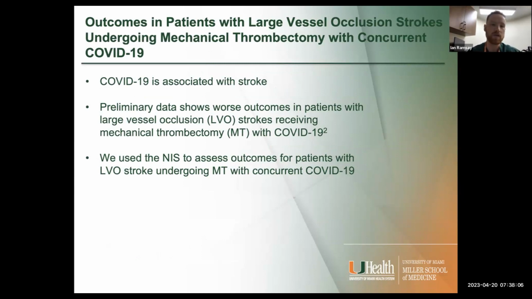And so COVID-19 has been associated with stroke, and preliminary data shows that patients with LVOs that undergo thrombectomy when they have COVID have worse outcomes, but it's very preliminary data. And so we used the NIS to further evaluate this.